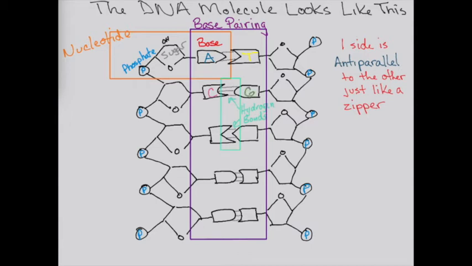All right. Now, this next base, what is the shape? What does it look like? It looks like thymine. And what does thymine pair with? Thymine pairs with adenine. What about the next base? What does that base shape look like? It looks like guanine. And what does guanine pair with? Guanine pairs with cytosine.